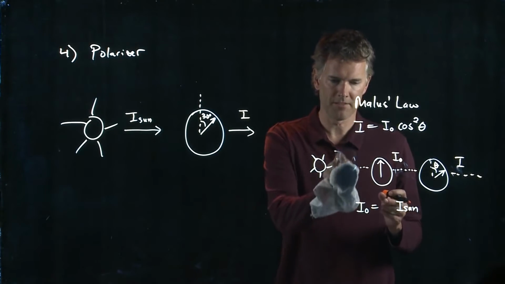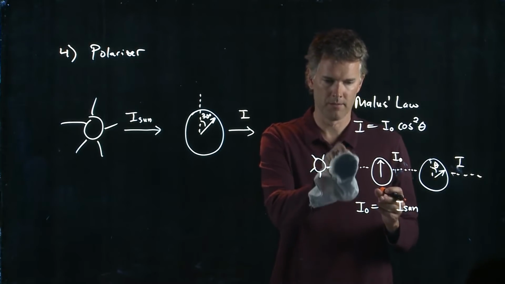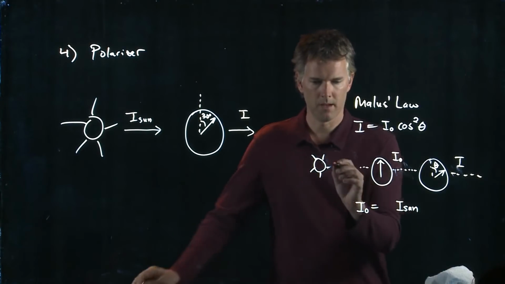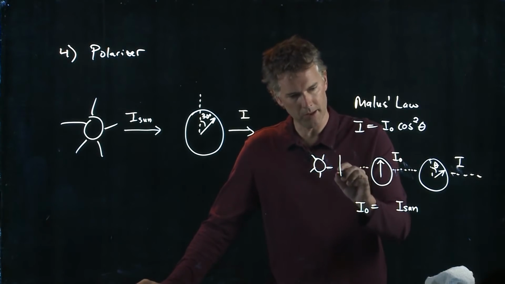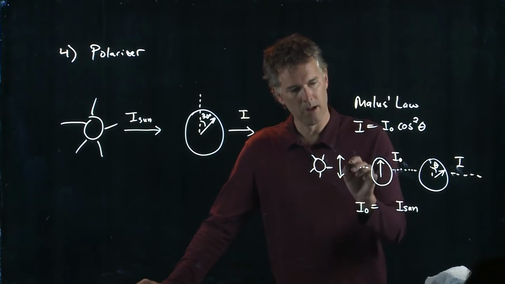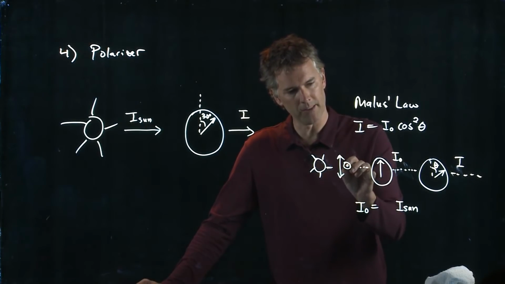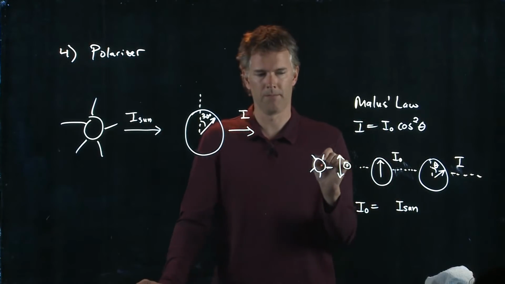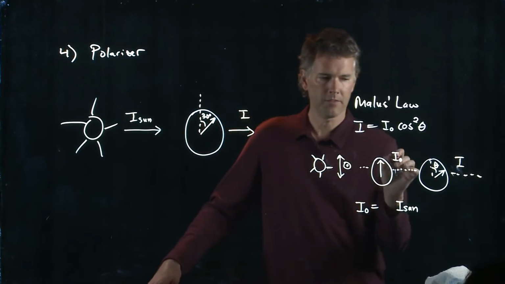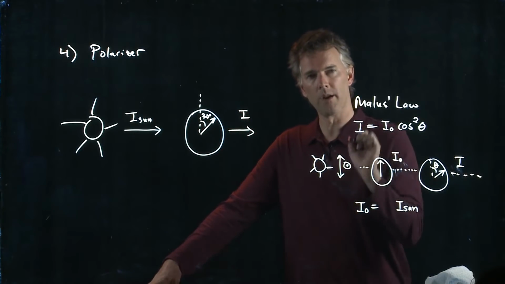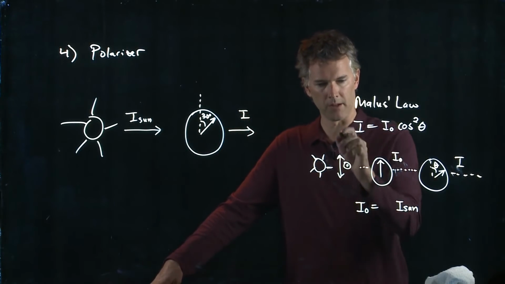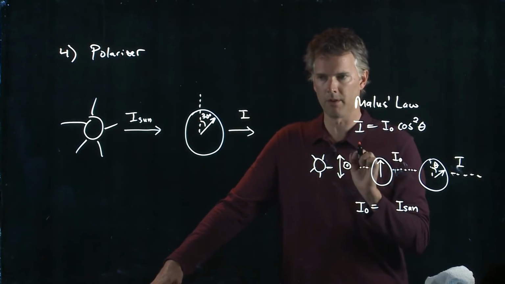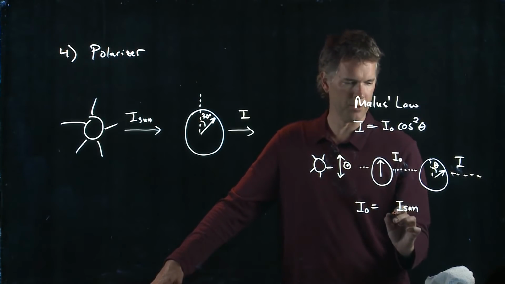Well, I sun is unpolarized. Okay? It has a polarization like this, going up and down, but it also has a polarization like this, going into and out of the board. This guy only picks out one of those. It picks out the vertical, it eliminates the horizontal. So what factor should I put here?